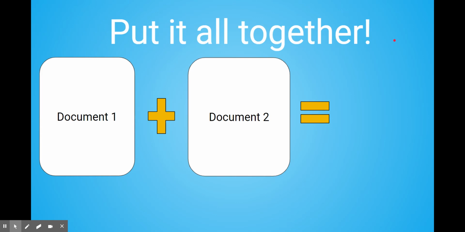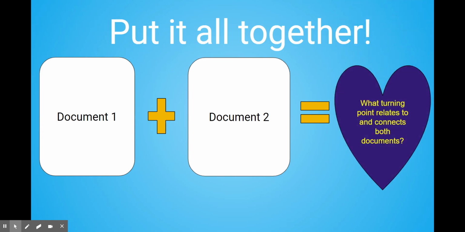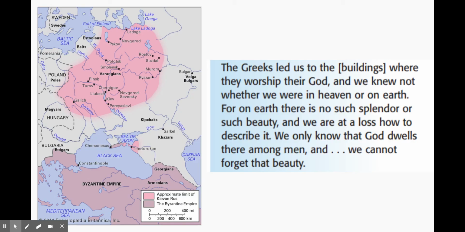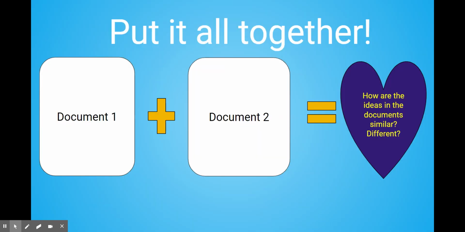Another relationship you might see is identifying a turning point that connects both documents. If we look at the same documents again, you will see that the turning point that is related to both of these would be the conversion of the Russian people to Eastern Orthodox Christianity.